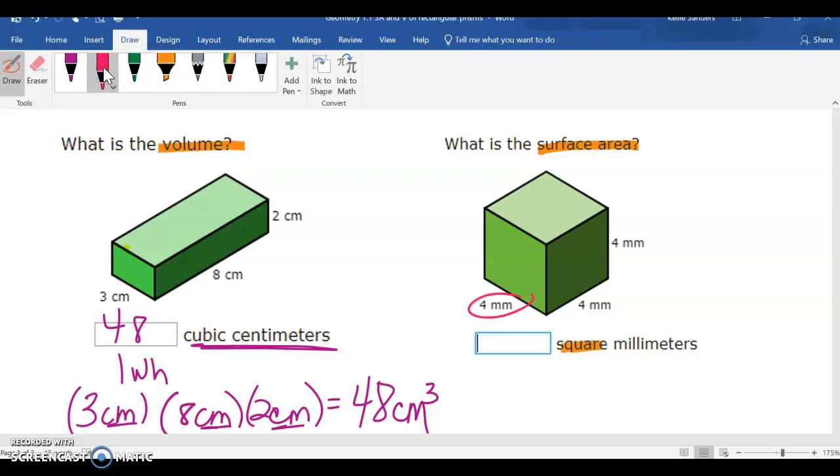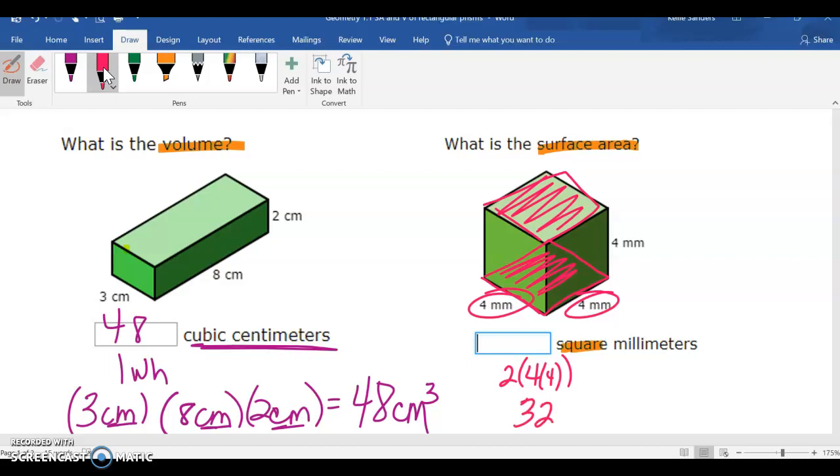So on this, we have these 2 that are going to find the area of the bottom. So 4 times 4. But you also have the top, so you have 2 of those. 4 times 4 is 16. 16 times 2 is 32.